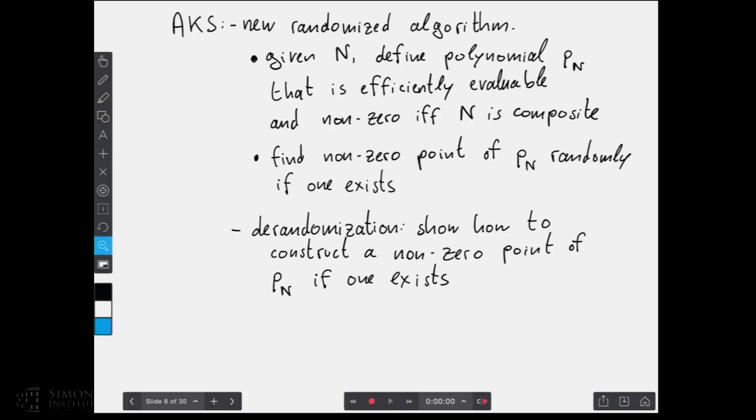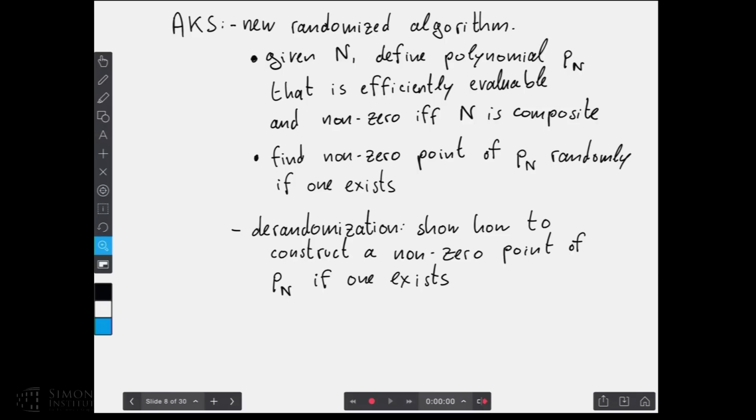If n is prime, that polynomial is always 0. So a certificate of compositeness is an evaluation point for the polynomial where it's non-zero. And this we can find using randomness, because when a polynomial is non-zero, it's also going to be non-zero with high probability on a sufficiently large search space.